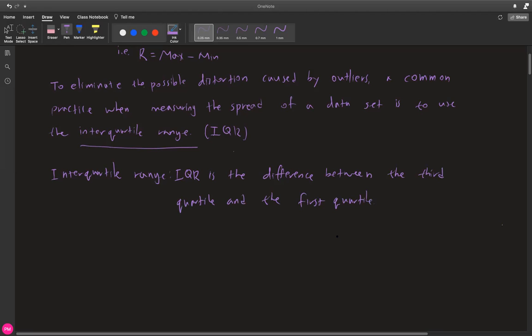As the name suggests. So here it would mean that IQR is simply Q3 minus Q1.